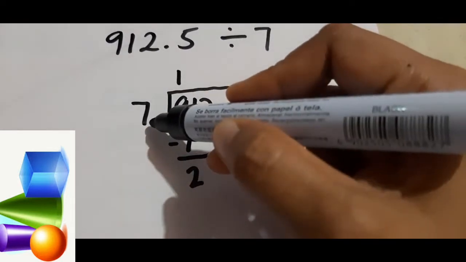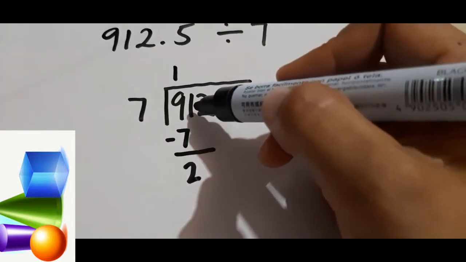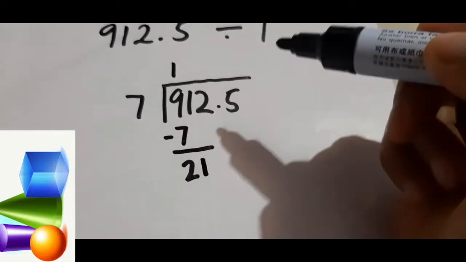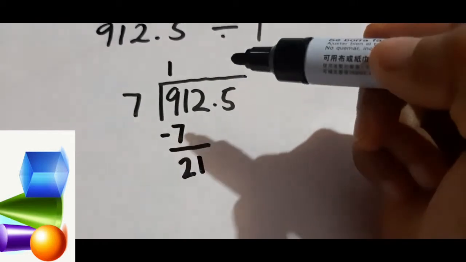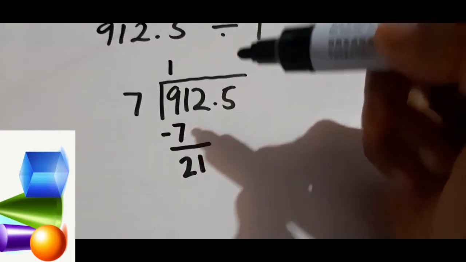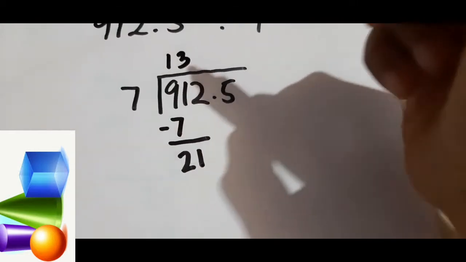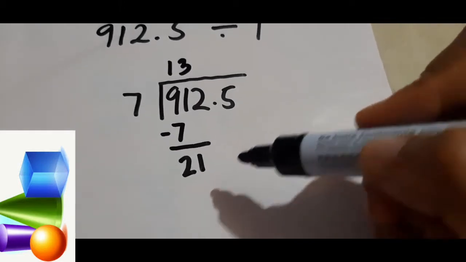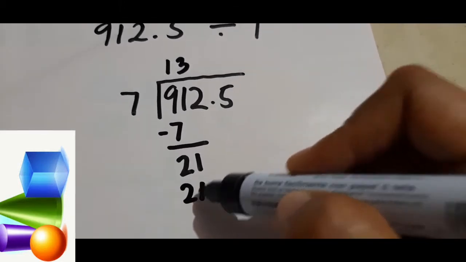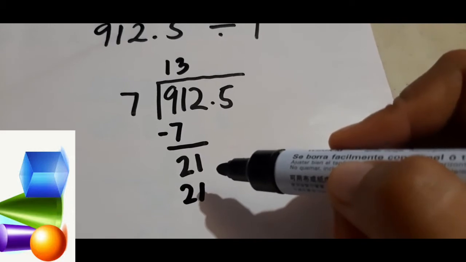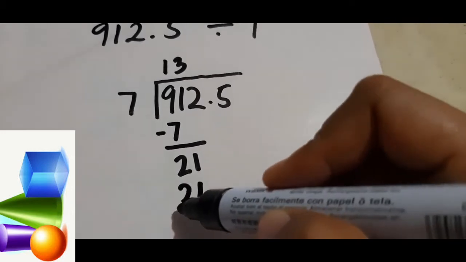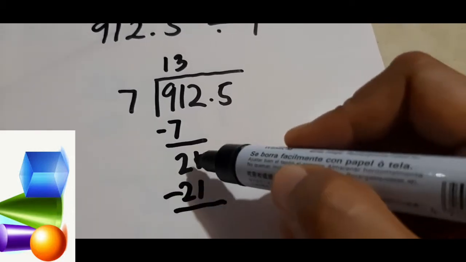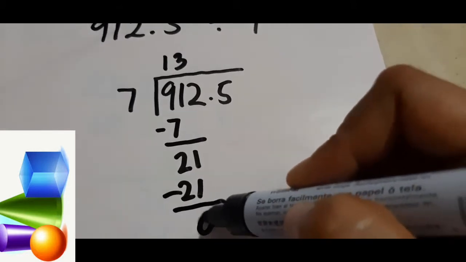2 cannot be divided by 7, so we need to bring down 1. 21 divided by 7 equals 3. 3 times 7 equals 21. Subtract. 21 minus 21 equals 0.